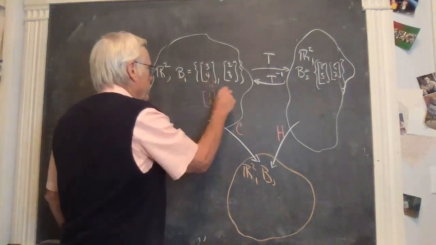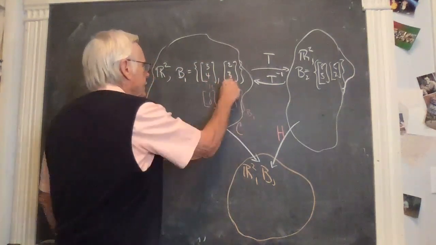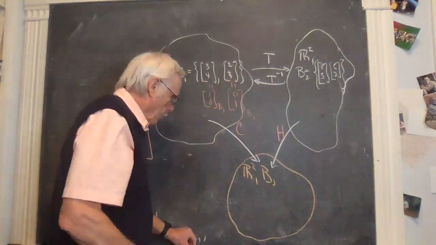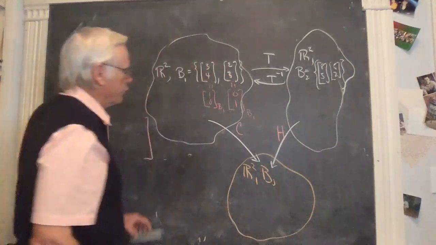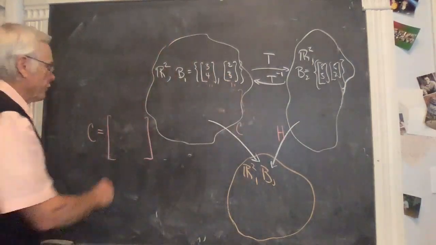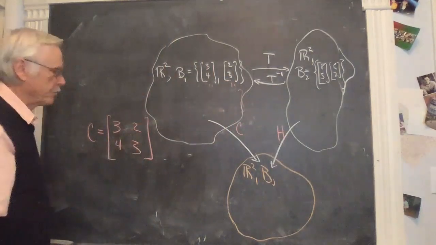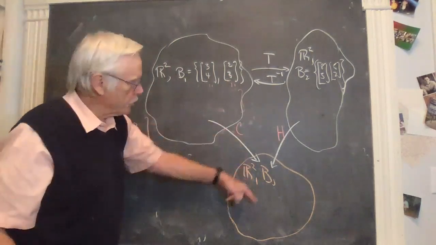So this is notation in B1 for these. The way they are given is usually in terms of the standard, and that's actually what you need to get the matrix. So this matrix is 3, 4, 2, 3. So that changes you to the standard here.